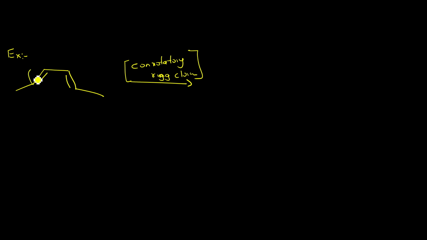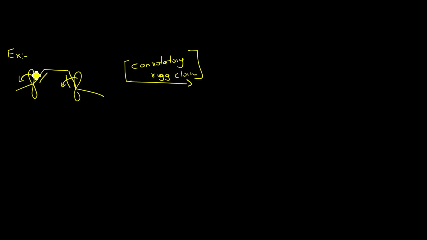Conrotatory means these two orbitals rotate in the same direction. So let's say both are rotating in the left direction. Now when this orbital rotates in the left hand direction, you will see this methyl group is on the plane.